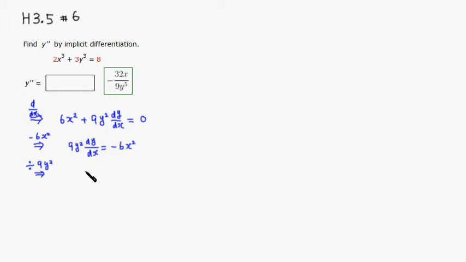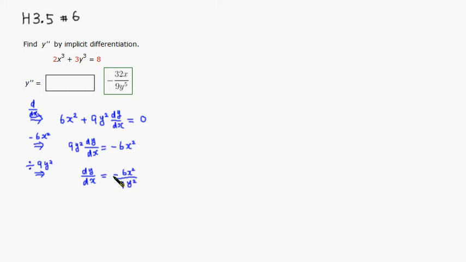squared. That way we can get dy over dx, which is equal to negative 6x squared divided by 9y squared. Right?